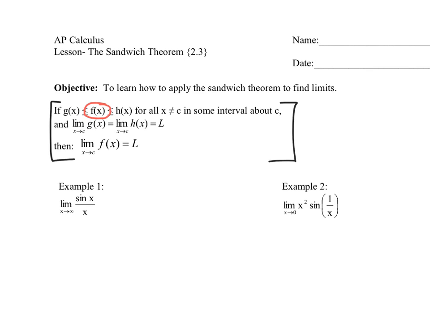All right. So anyway, what this is telling us is that if you have a function that's in between 2 other functions, then if you were to take the limit of those 2 outer functions at a particular c value and get the same result, because this function is squeezed in between those other 2 functions, it would necessarily have the same limit as the 2 outer limits.